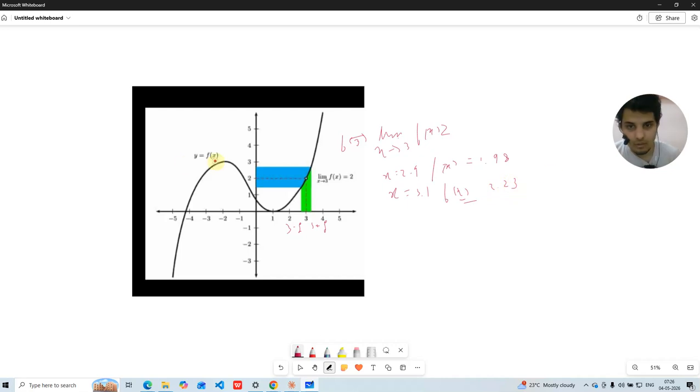Okay, so this shows the relation between input and output.